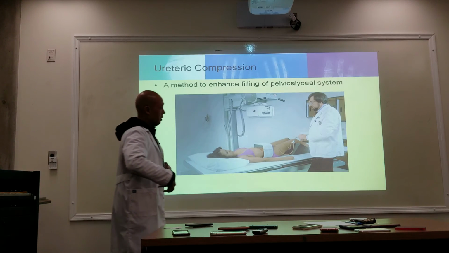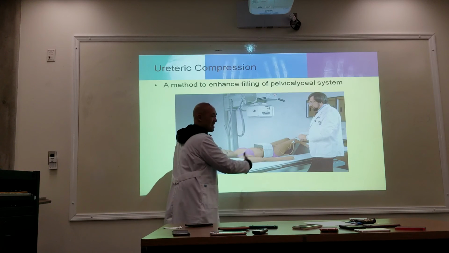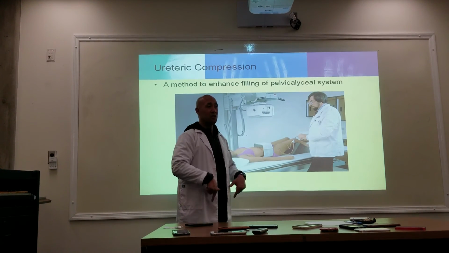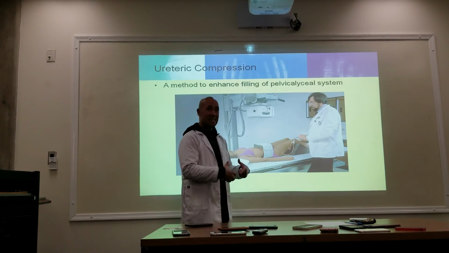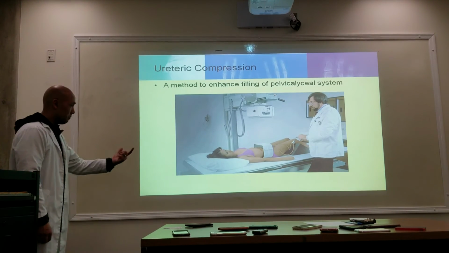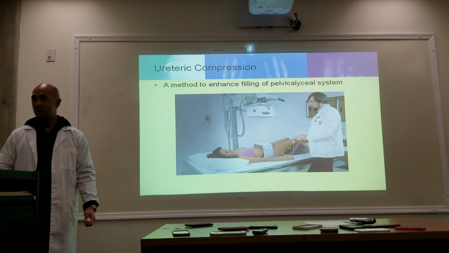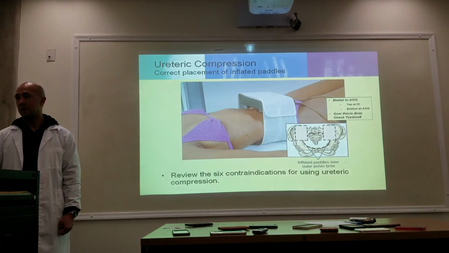What we're doing here is preventing the elimination of contrast and keeping it up at the kidneys. We don't want it to flow down to the bladder. The compression prevents the flow down to the bladder and keeps the contrast in the kidneys for a longer period of time. That's what the compression paddles are used for. So we keep it up at the renal parenchyma, so to speak.